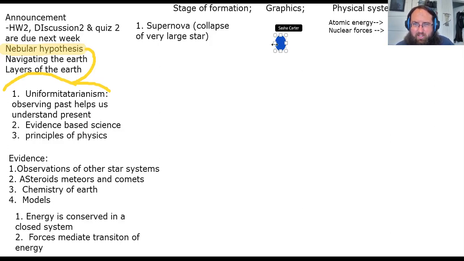And the star basically collapses in on itself. You get a bunch of very violent, rapid nuclear reactions, and that starts sending matter flying everywhere. Put a little labeling here. Matter going.